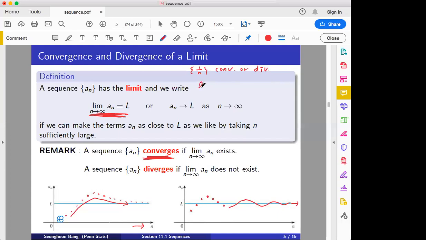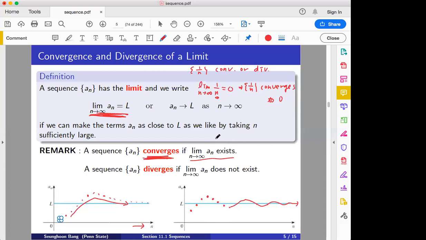So check the limit as n approaches infinity of 1 over n. n is going to infinity, and 1 over infinity is 0. The limit exists, so the answer is that the sequence 1 over n converges to 0. Is that right? This converges.